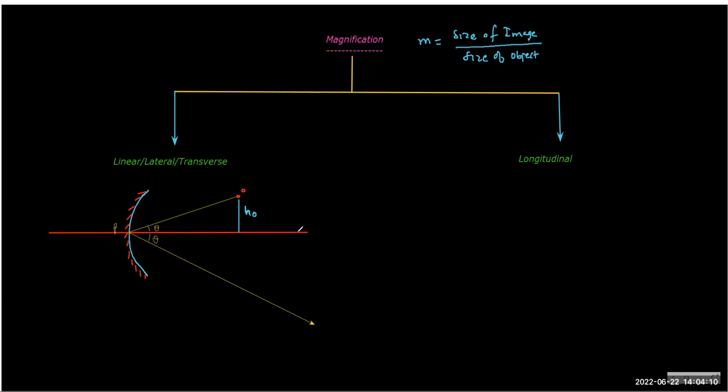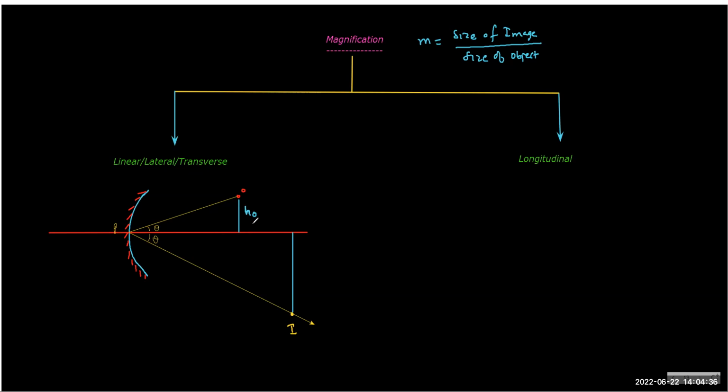So wherever is the image, I don't know where the image will be. If the image forms somewhere here, I don't know. You can again drop a perpendicular from here to the principal axis. And we know the relationship between the perpendicular separation and all.